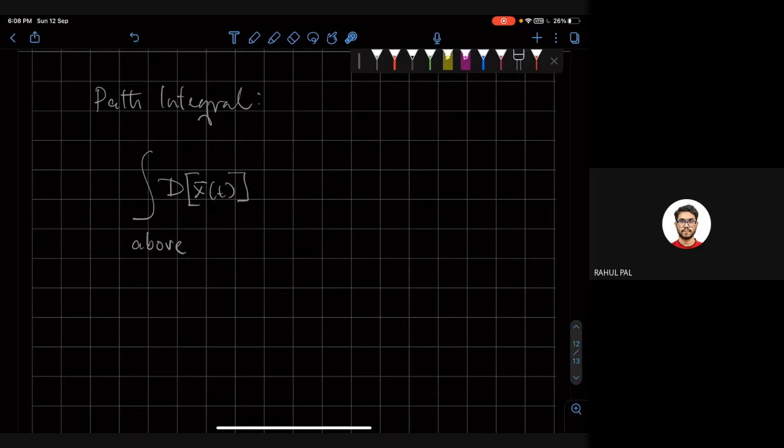So this would be one contribution to the path integral, and it'll be, of course, weighted by the action along all these paths.